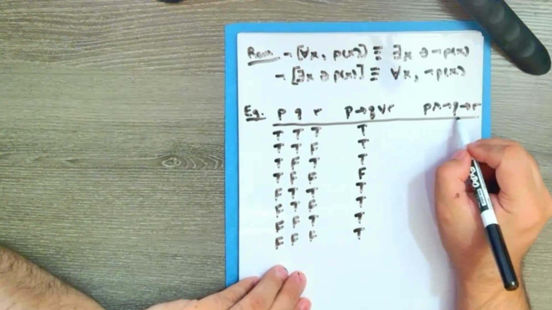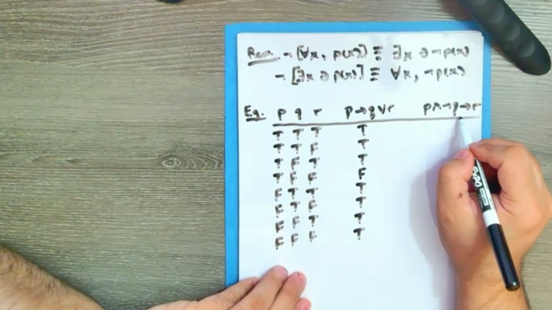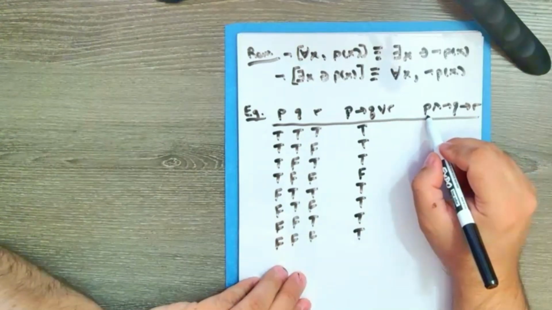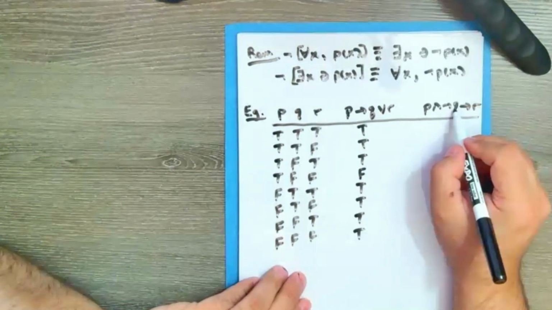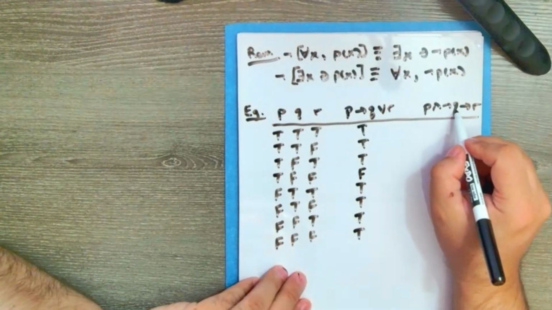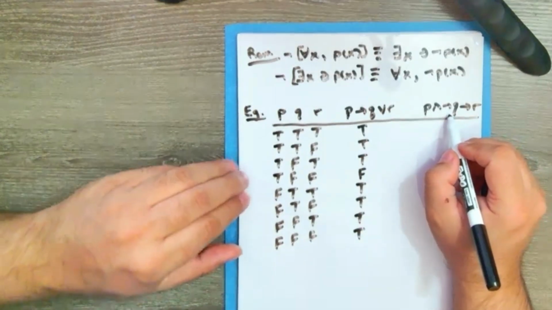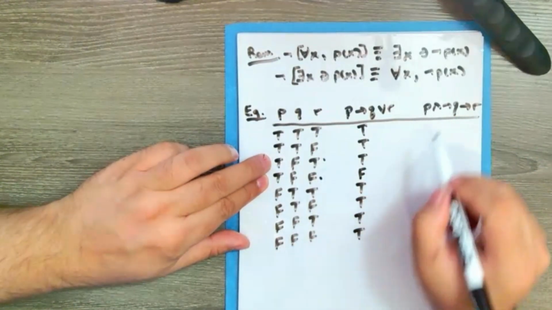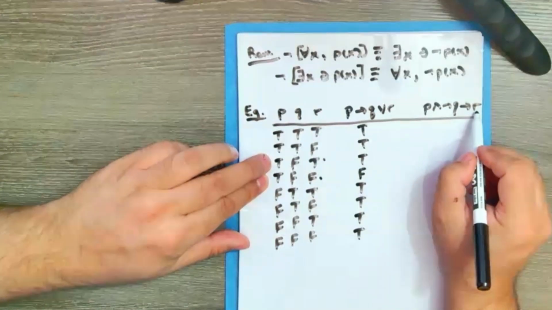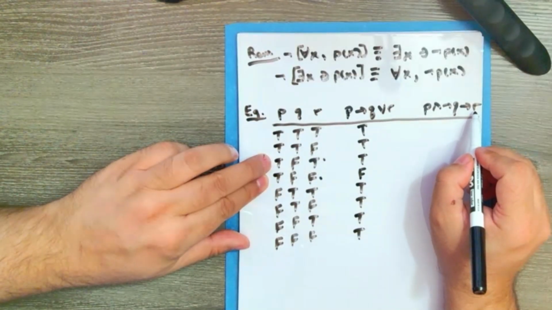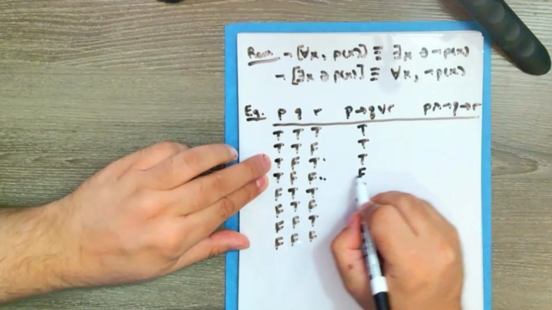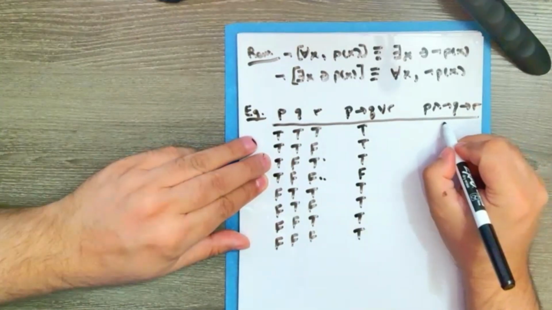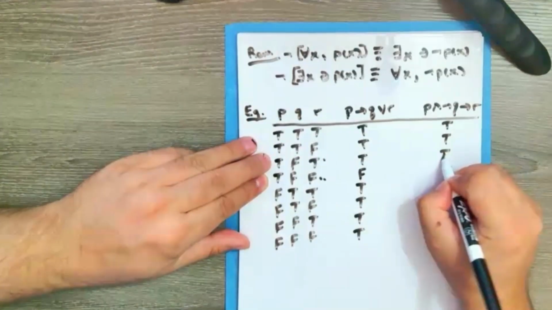Now the implication P and not Q implies R is false precisely when P and not Q is true, which means that P is true and Q is false. And that occurs in these two cases. And when the conclusion R is false, which occurs in this case. And so in this case, the second implication is false, and in all other cases, it is true.